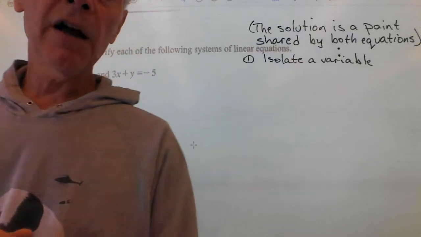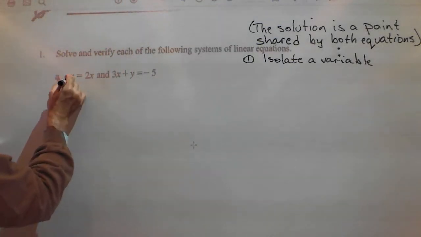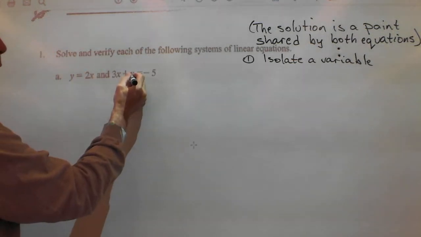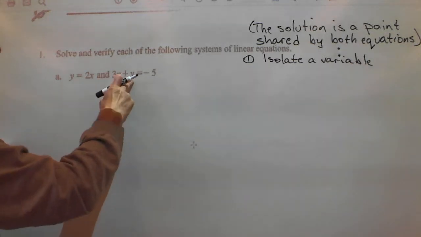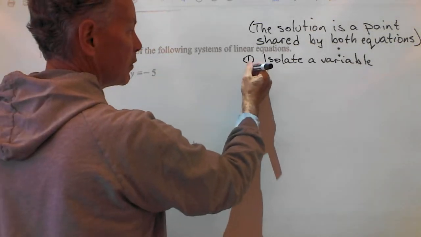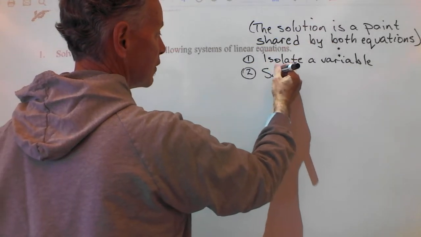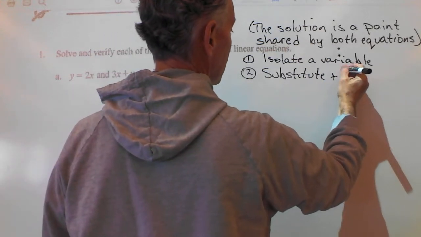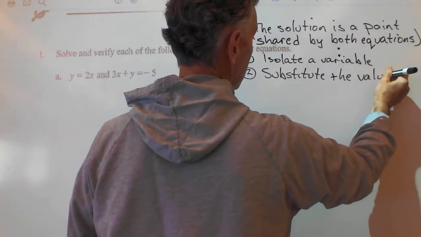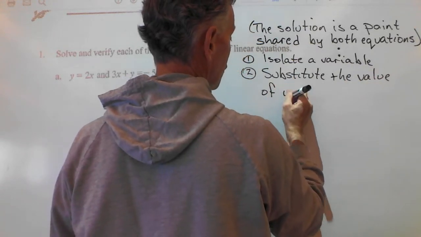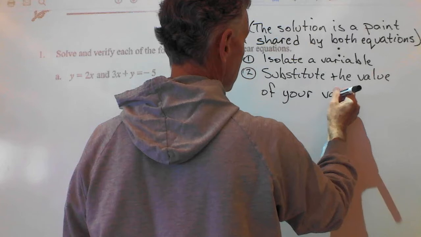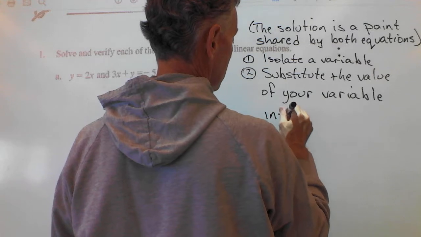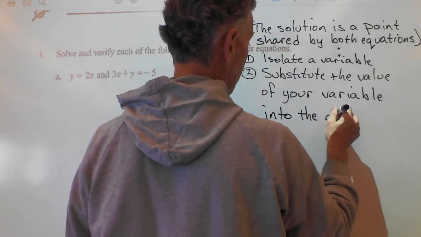And because of that, we can say that if y equals 2x here, y would also equal 2x in our second equation, and that's where we come to our second step, which is substitution. Substitute the value of your variable into the other equation.